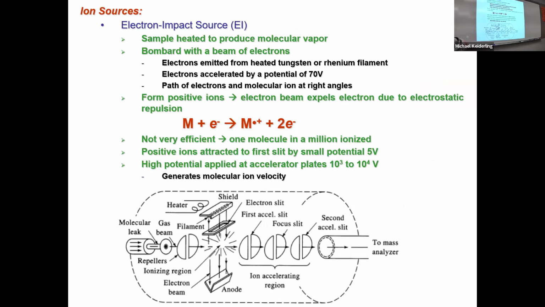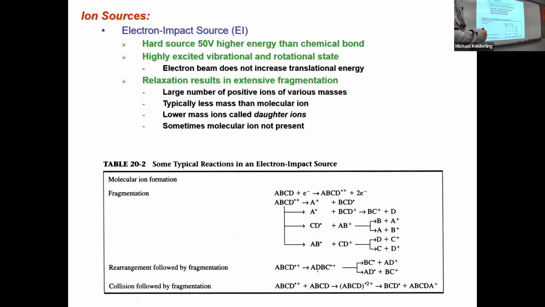With an electron impact source, the sample is heated to produce a molecular vapor. You bombard it with a beam of electrons, and these form positive ions, which are then fed into the mass analyzer. It's a hard source, and the relaxation results in extensive fragmentation, and you could have some rearrangement.